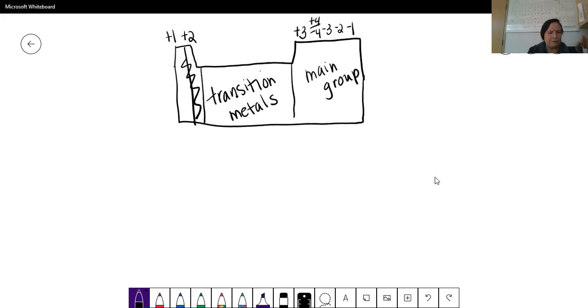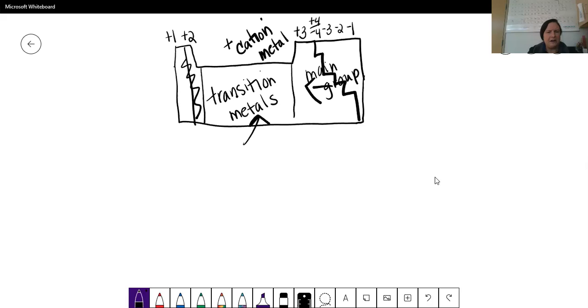They're also called the representative elements, okay? So these here, we don't have any plus or minus number over them. Now, because they are to the left of the staircase, these are all going to be cations. They're metals, okay?